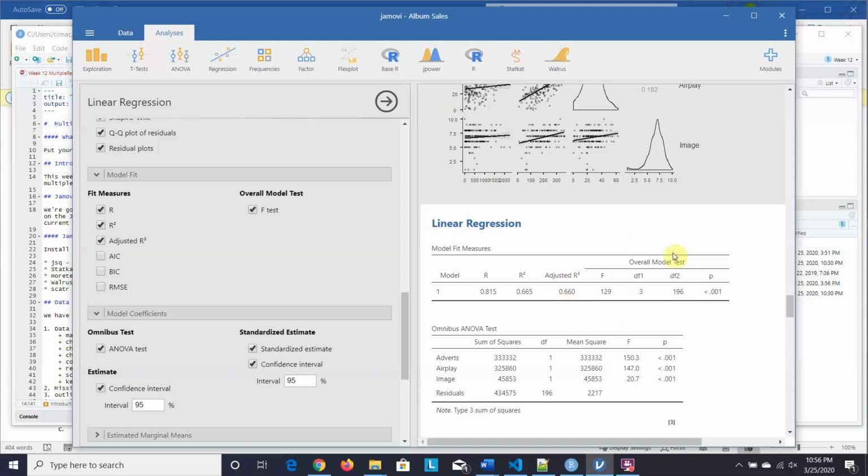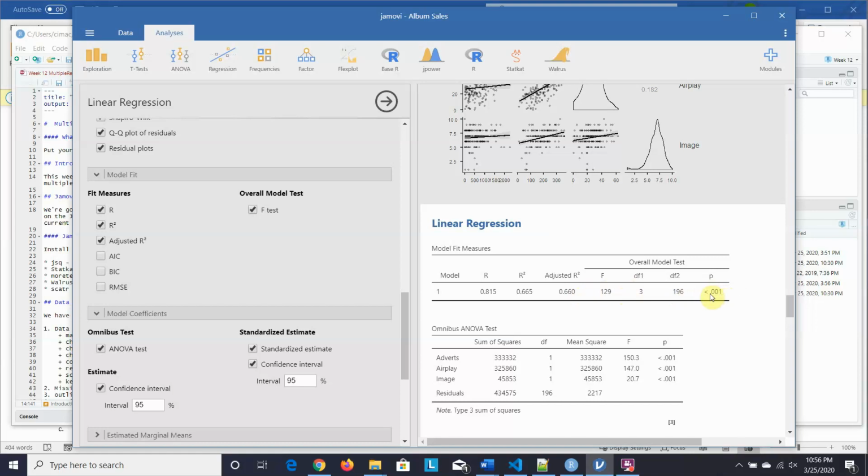And then we also have an overall model test, an F test, which we looked at before. If you remember, what this is testing is how our model with the variables compares to a model with no predictor variables, just the intercept. And in this case, hopefully we're doing better when we include variables in the model. As we can see, the p-value is less than 0.001.